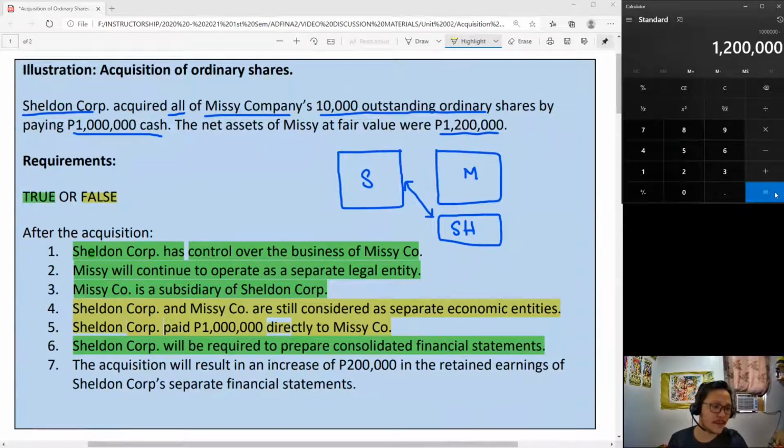So if I would compare this, the FINA is actually greater than acquisition cost, which results to a 200,000 gain on bargain purchase. Now, what will happen to this gain on bargain purchase? That gain on bargain purchase will actually be added to the consolidated financial statements retained earnings.